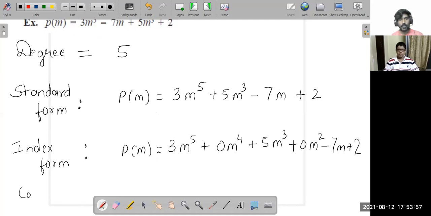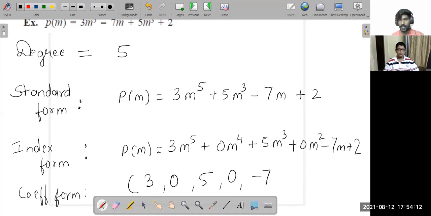Now coefficient form. In coefficient form, what you have to do is just write all the coefficients in brackets. So 3, 0, 5, 0, minus 7, and 2. Also be careful of the signs. This is the coefficient form. Did you understand all this? Yes, sir.